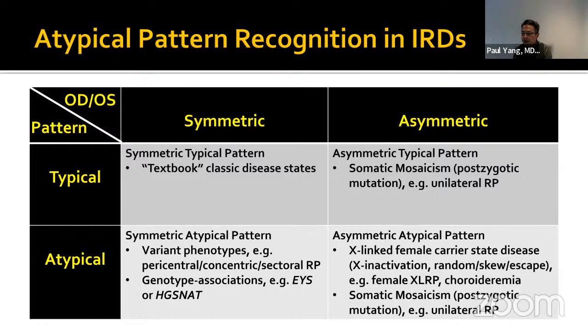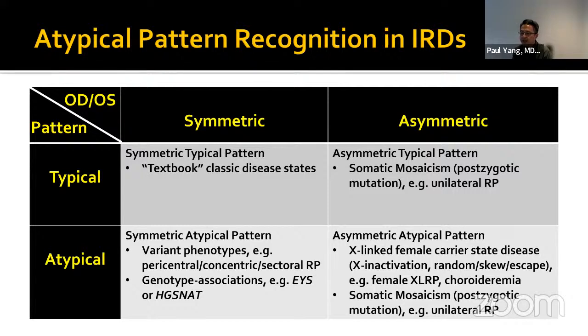And there are certain genes associated with each of these types of phenotypes. On the side of asymmetry, we can see asymmetric patterns between the right and the left eye when patients have what we consider somatic mosaicism.